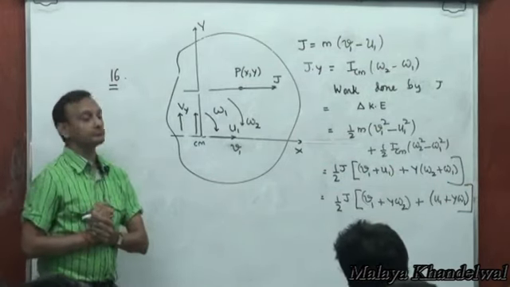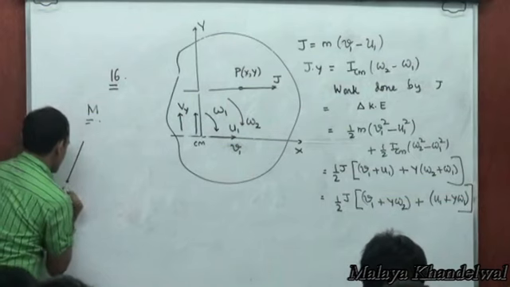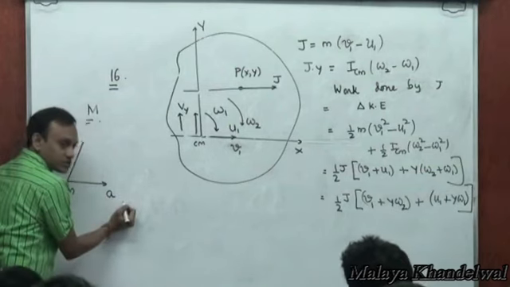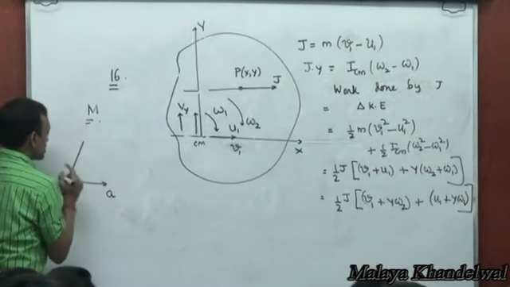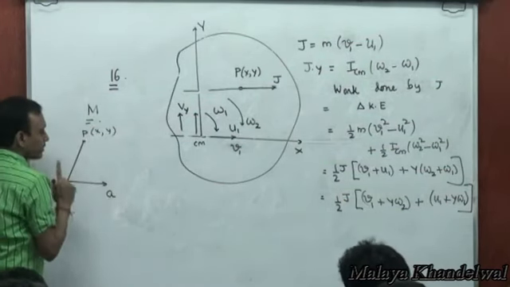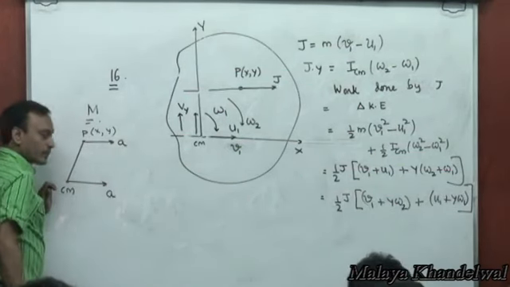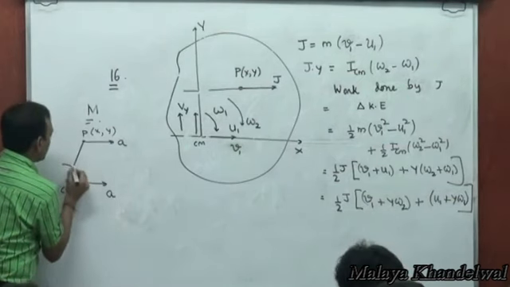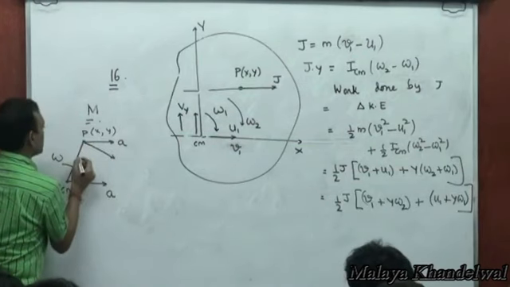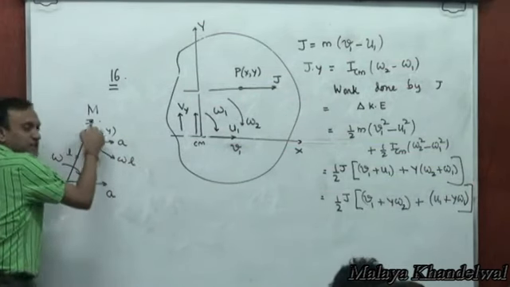Now, at any point, suppose the center of mass had a certain velocity a in the x direction, in the direction of the impulse, had an angular velocity omega, and this was the point P at x comma y. This point P in this direction will share a common velocity a with the center of mass. In addition, because of omega, it will have omega times L as the tangential velocity.